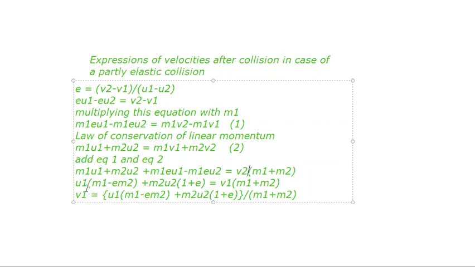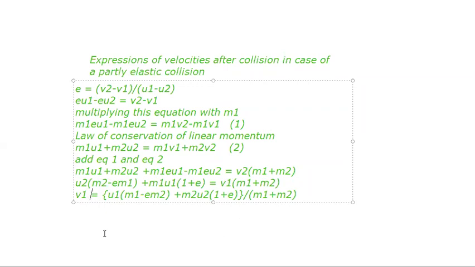Now you take M1 u1 common, you have 1 plus e here, and from the other terms you get u2 times M2 minus e M1.